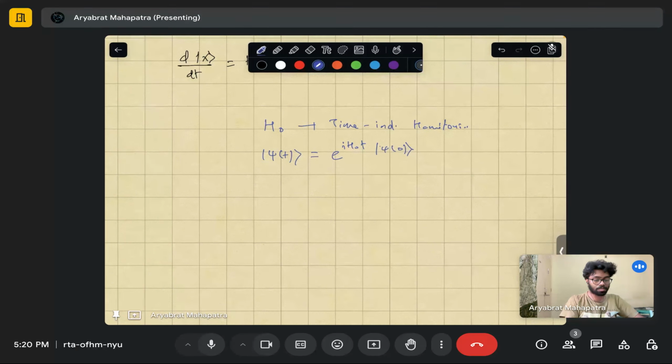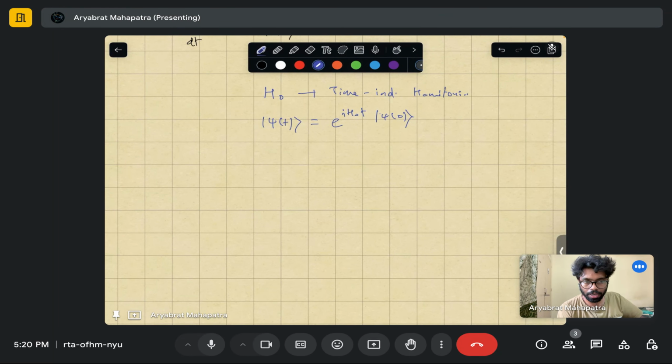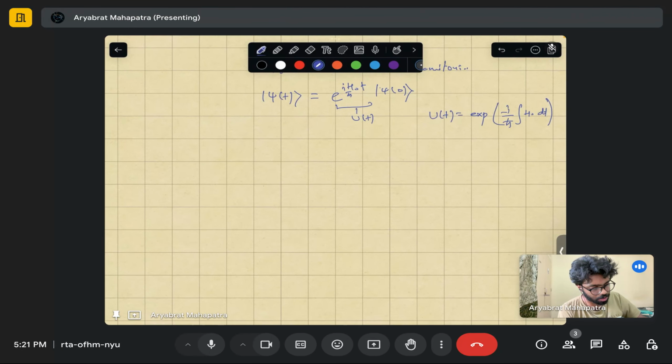That is how we write it for a time independent Hamiltonian. Simply we write this exponential operator, because the evolution operator U of t is written as exponential of minus i over h bar integral of H naught dt. Since H naught is time independent, this will simply be H naught t.